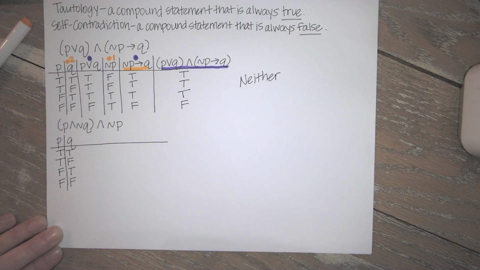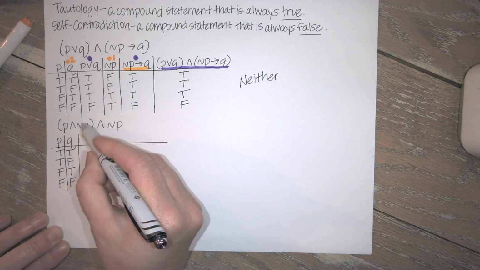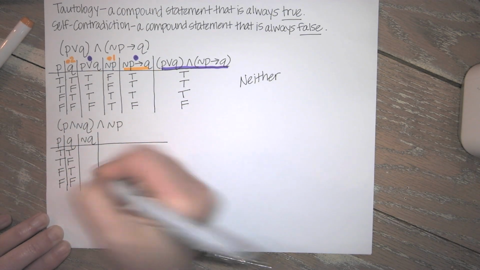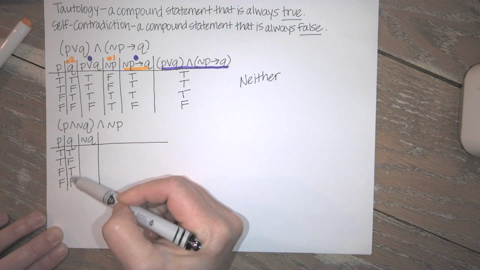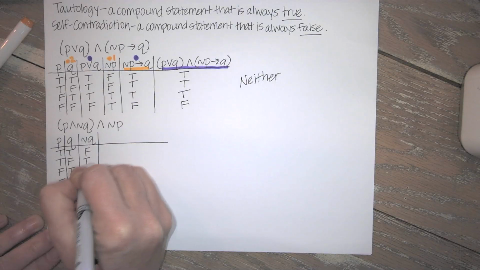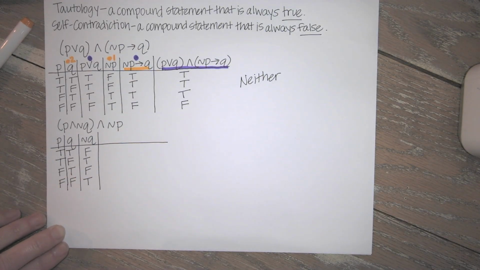All right, I'm going to build the parentheses first. I've got a P, I need a not Q. So I'm going to build a column for not Q by negating the Q column or changing its truth value. So it'll be false, true, false, true.